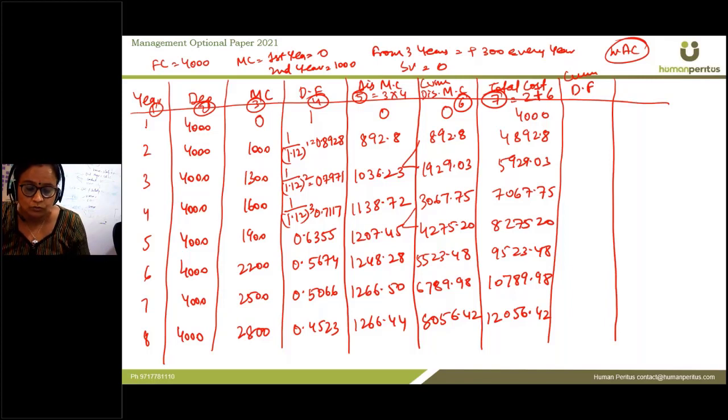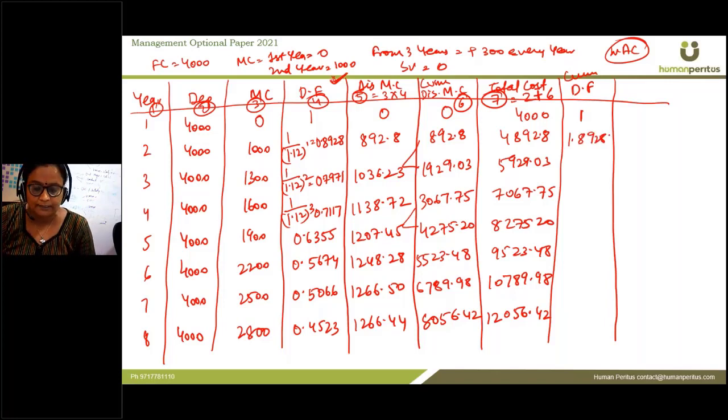Okay, so going to column 4 again. Look at column 4 here. The discounted factor for each respective year is given. For the first year it is going to be 1 only, so there is no accumulation. For the second year, 1 plus 0.8928 gives me 1.8928.